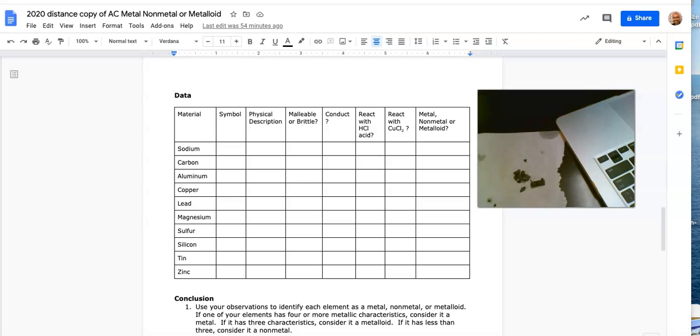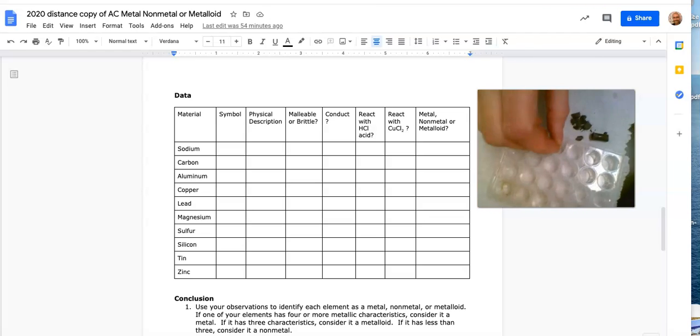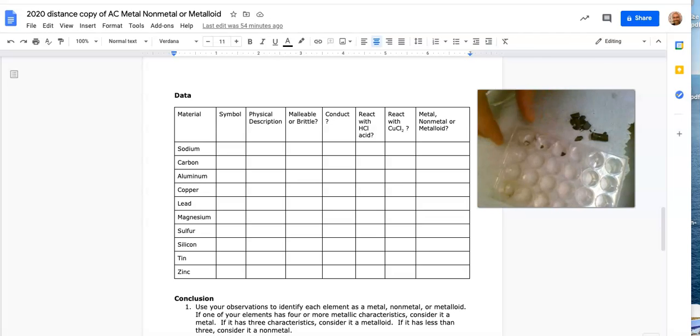How does it react with hydrochloric acid? Well, let's see. I'm just going to take a little chunk and let's drop it in this one this time. And here comes some acid. And I'm not seeing anything, no reaction with the hydrochloric acid.